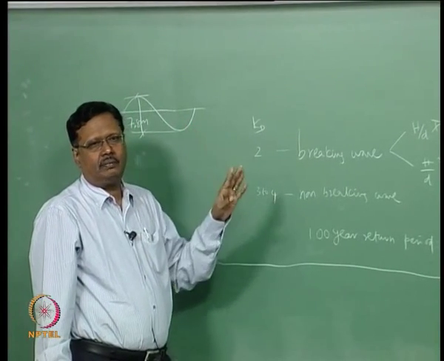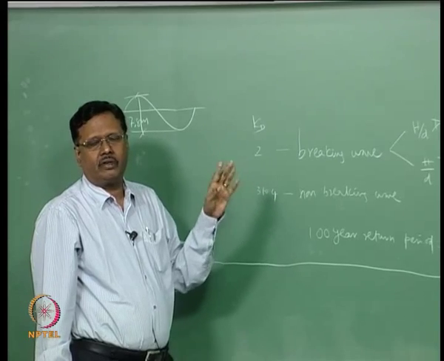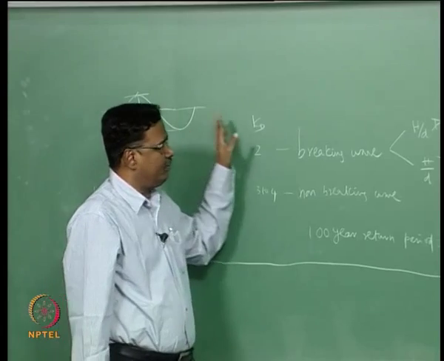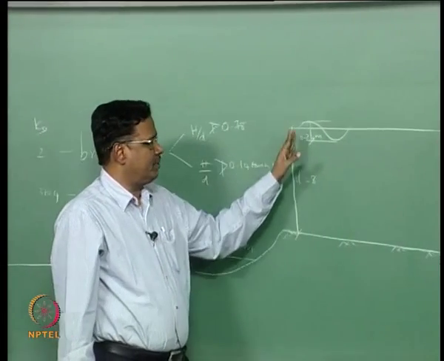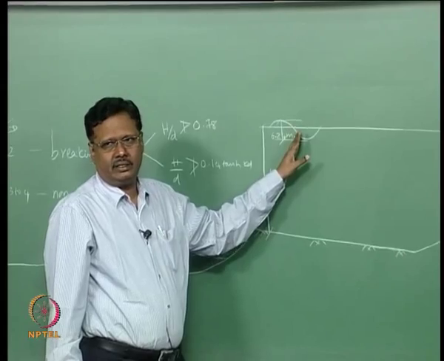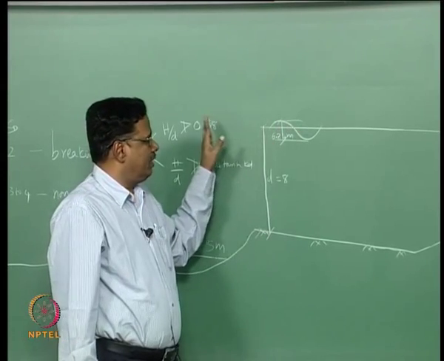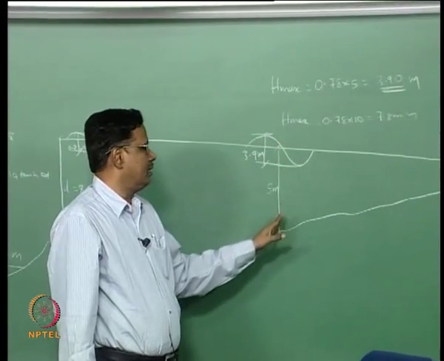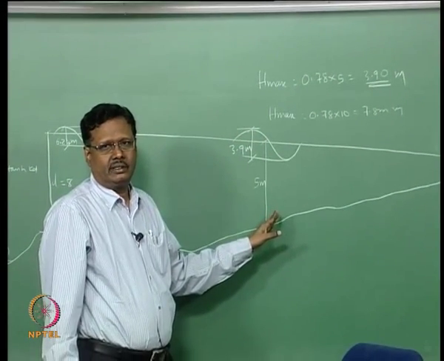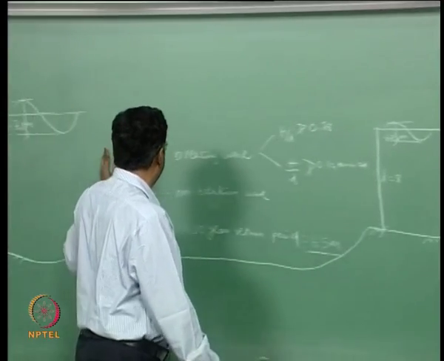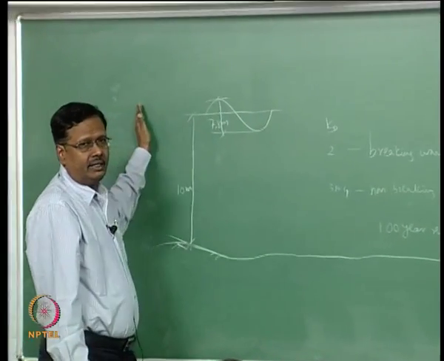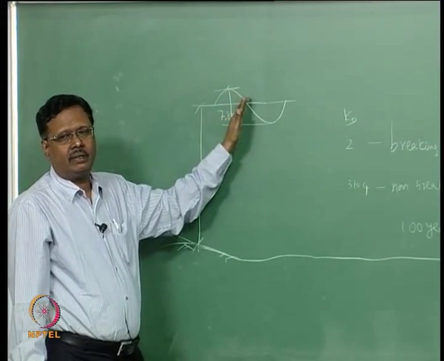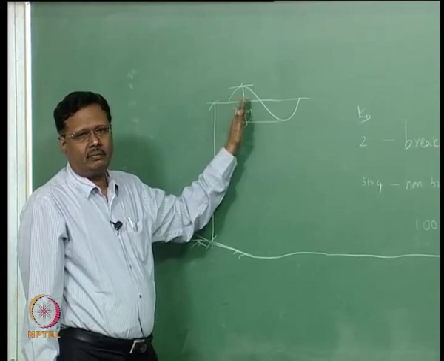See, in a 100-year return period your waves of 6.5 meter only will come, right. A 6.5 meter wave travelling here, when it comes to 8 meter water depth it will break. If a wave of 4 meter comes, it will come and break at 5 meter, but at this location a wave of 7.8 meter or slightly more has to come to break, but a wave of 7.8 meter will not come, so it will not break.